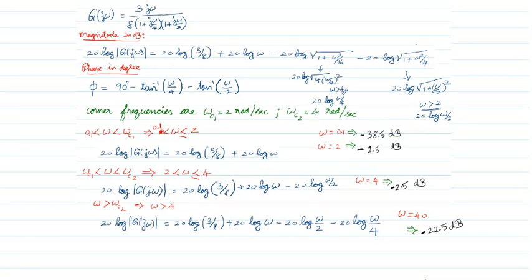So we take the first omega range from 0.1 to omega c1. Omega c1 is 2. So omega is between 0.1 and 2. Why am I taking 0.1? Because the first corner frequency is 2, so I am assuming a frequency less than that. It can be any value, 0.1, 0.01, 0.2, any value, but it should be less than 2.